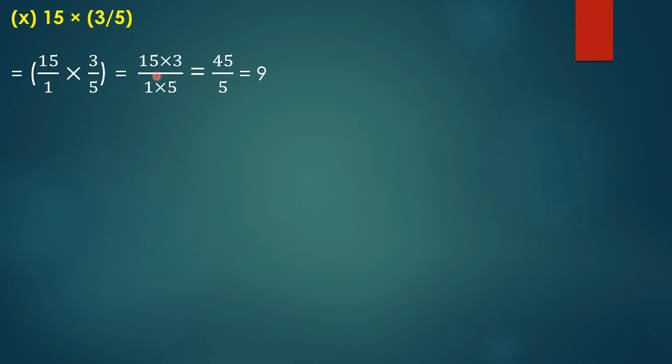Now multiply the numerator and denominator, then this will become 15 into 3 divided by 1 into 5, correct? Yes. Therefore, 15 threes are 45 and 1 into 5 is 5. Therefore 45 divided by 5 is the lowest form of the fraction. Now 5 ones are 5, 5 nines are 45, therefore 9 is the answer for the given question.